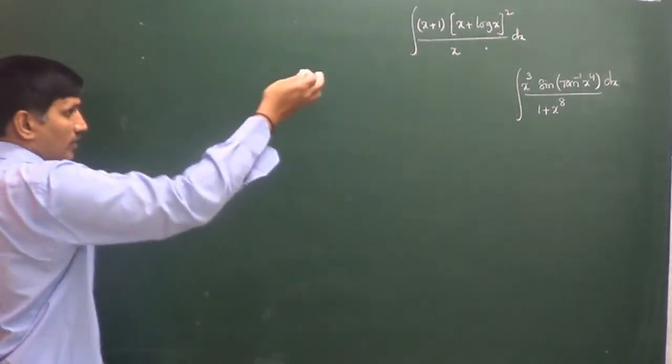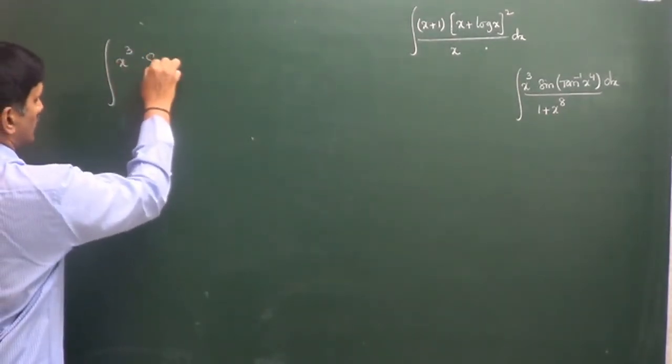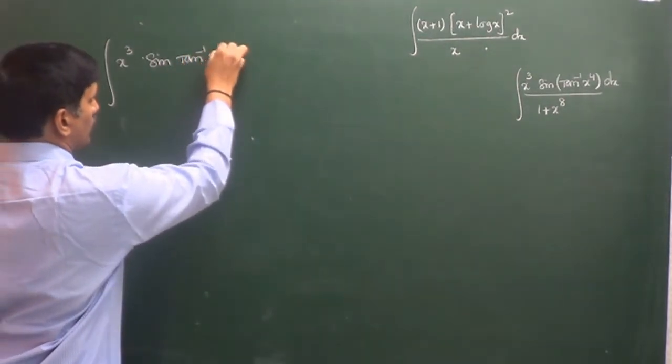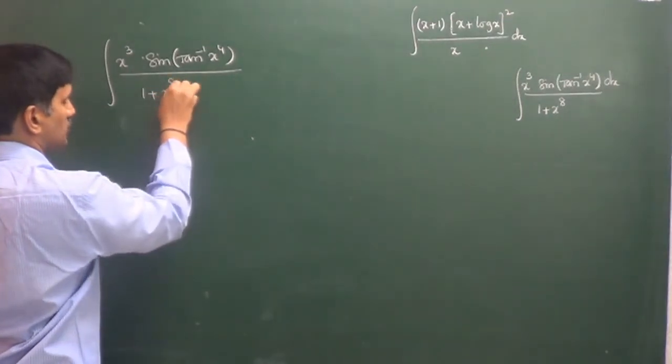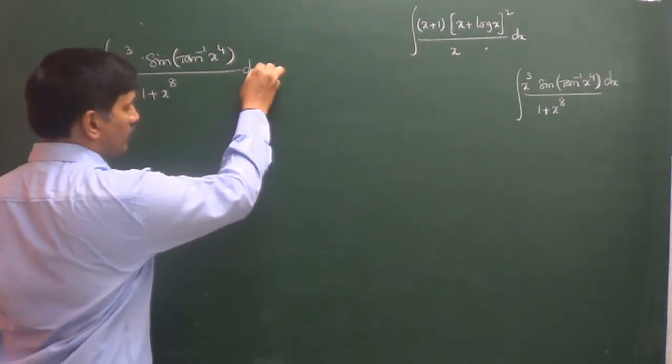Next you see, this is the particular question given there: x cube into sine of tan inverse x to the power of 4, divided by 1 plus x power 8. I hope everyone knows the differentiation of tan inverse x.